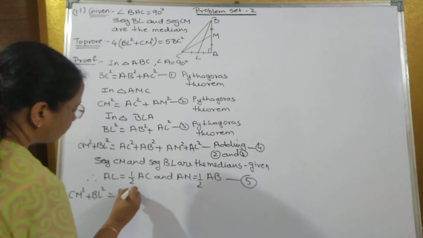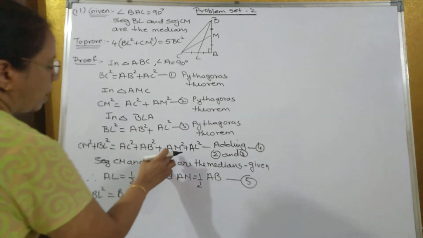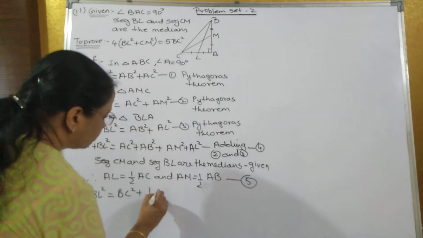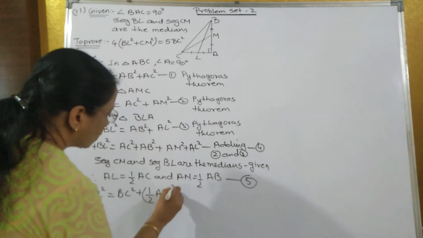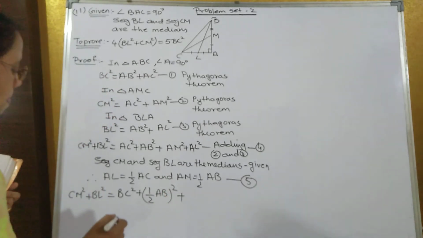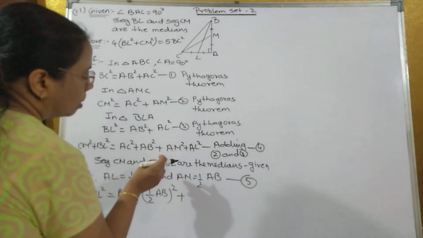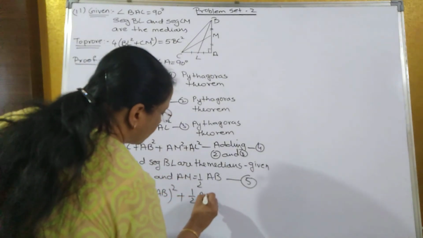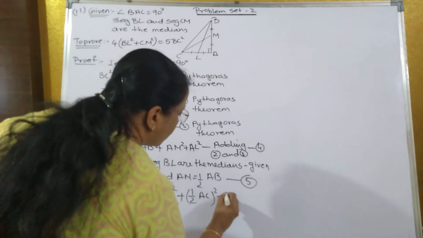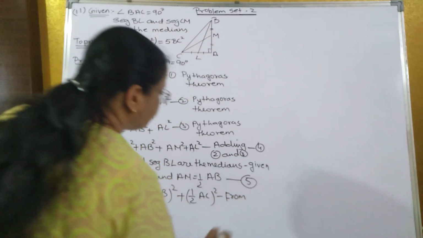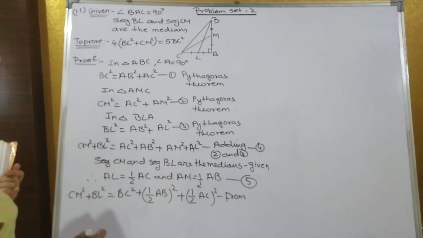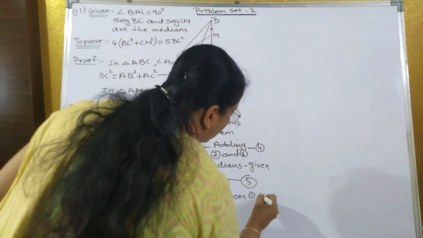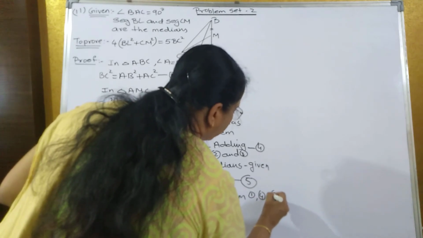Plus AM, which is half of AB, plus AL, which is half of AC, the whole square. From 1, 4 and 5.